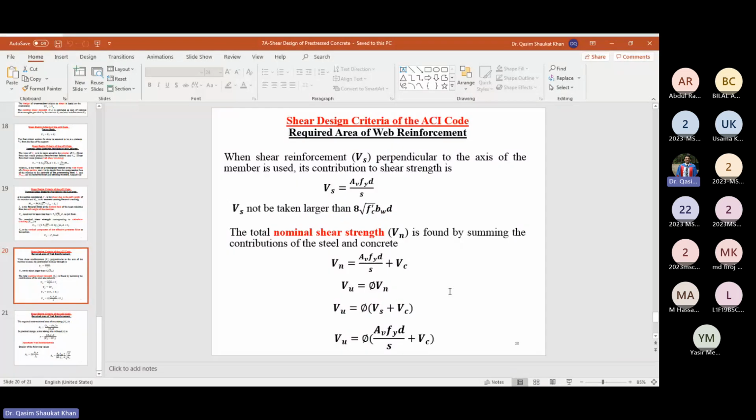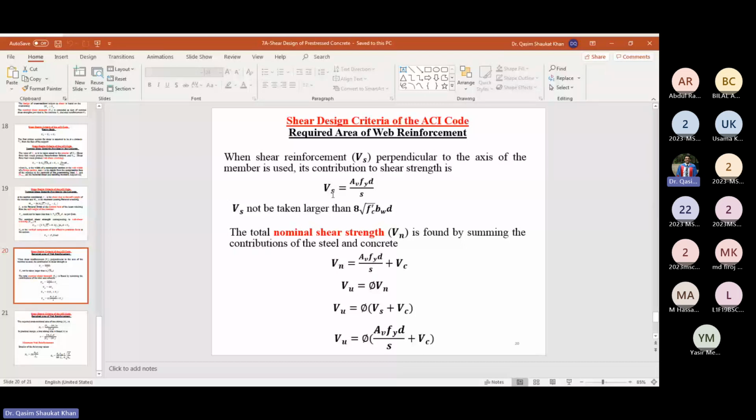Then comes the contribution of the steel reinforcement, the shear reinforcement. When shear reinforcement perpendicular to the axis of the member is used, its contribution to the shear strength is Vs equal to the area of one stirrup into the yield stress into d over s, that will be the number of stirrups in the crack section.